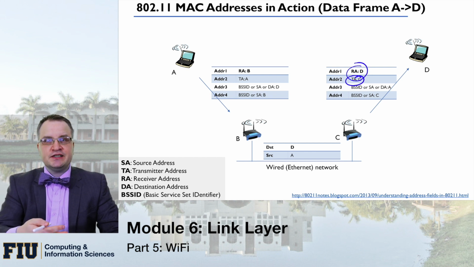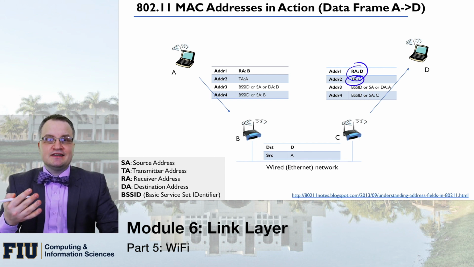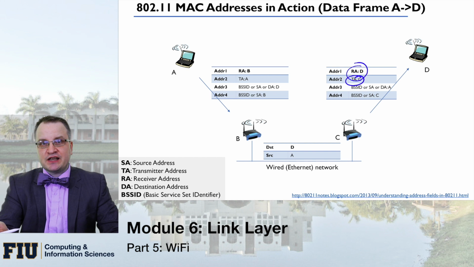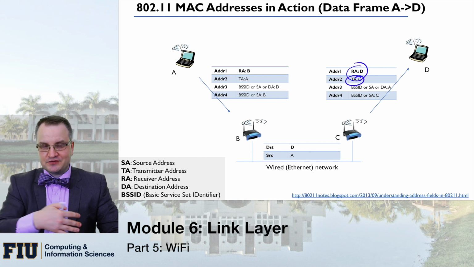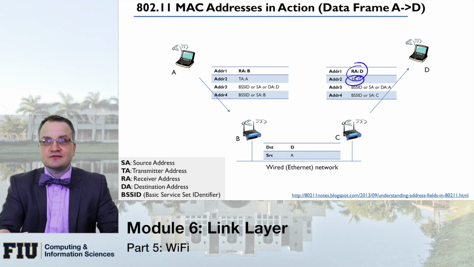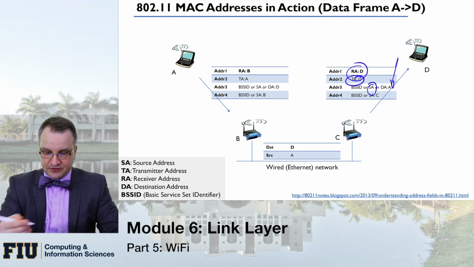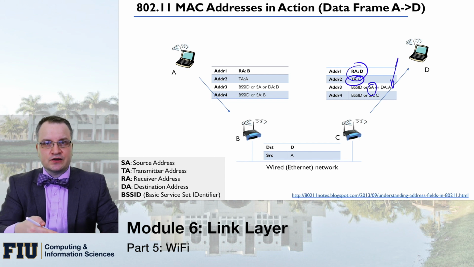And for address 3, we now need to identify either BSSID, if nothing else needs to be specified, or whether it's a source address or destination address. What we're missing is the source address, because we now have a destination and a transmitter, but the transmitter is not the source. The source was A. So as part of address 3, we need to specify the source address, and this is A. We don't need to specify any flags to identify whether it's one thing or another.